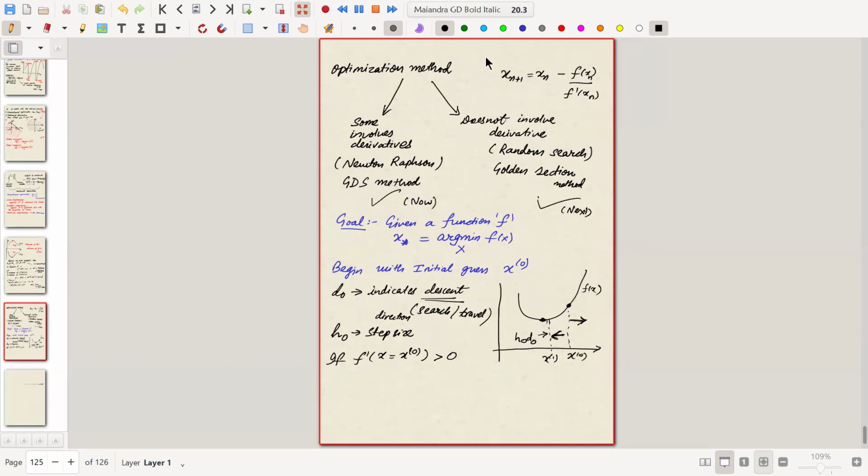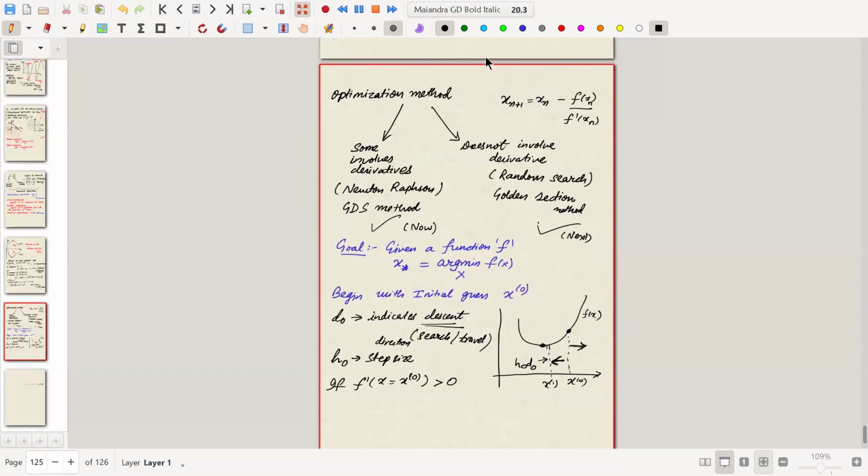Very, very important step here. I want you to understand. Let me explain more. X naught is here. If you increase your x here, f of x is obviously increasing. Do you want your next step to go in this direction? So move towards the left.